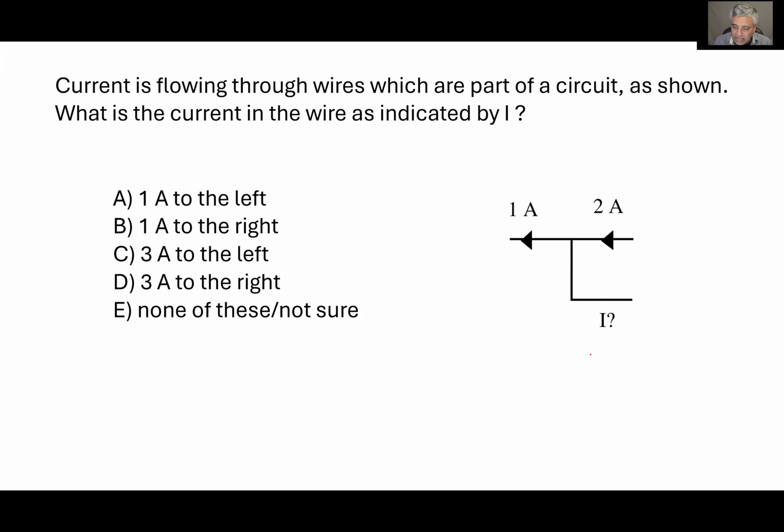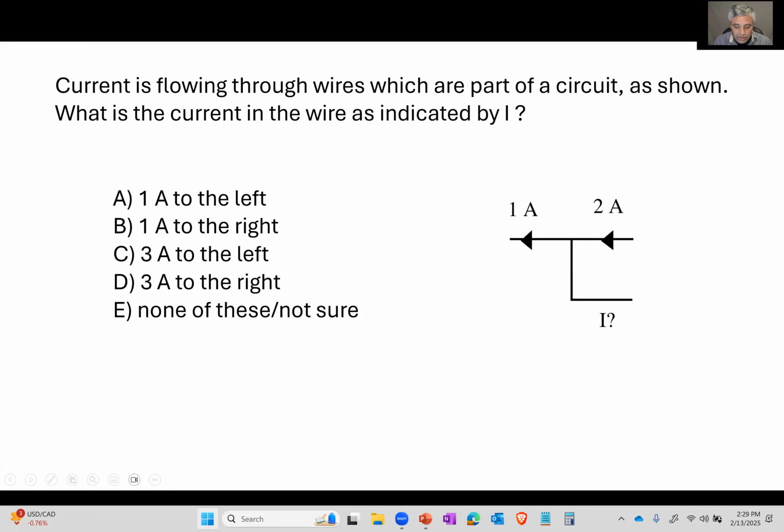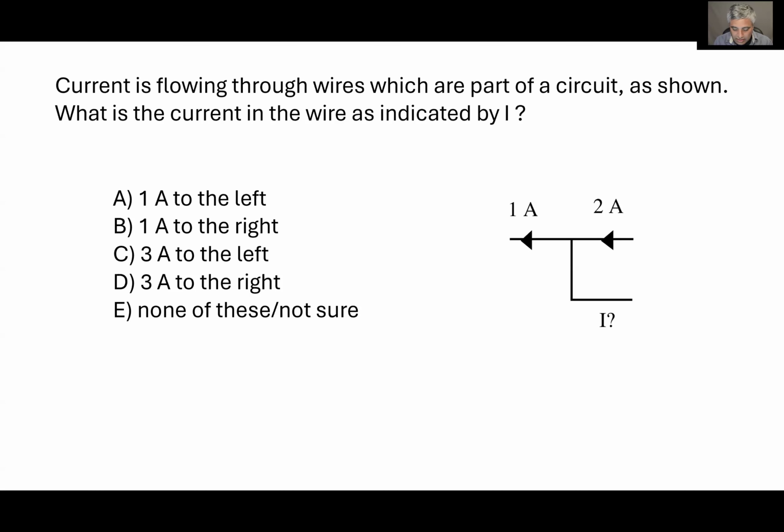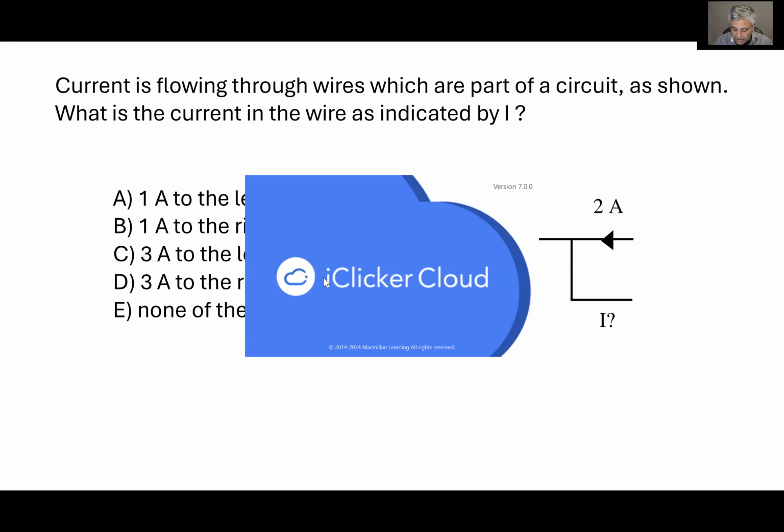So before we start counting the potential difference, let's make sure that we understand the junction rule. So let me open the clicker. Turns out I haven't started the clicker yet.